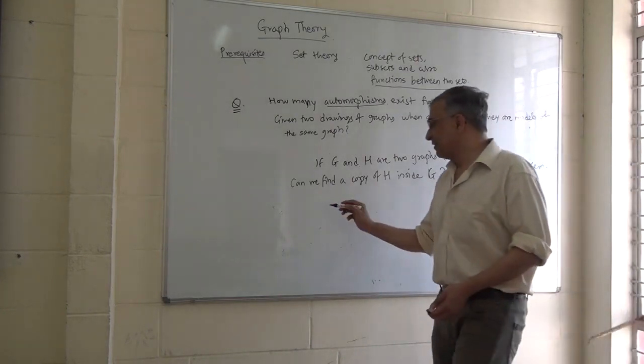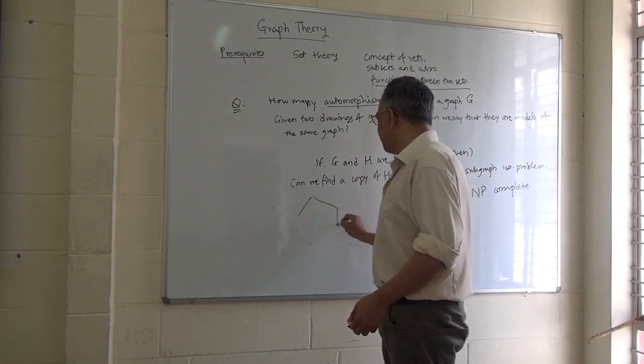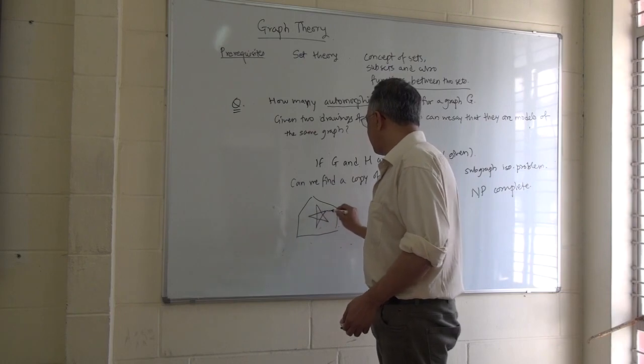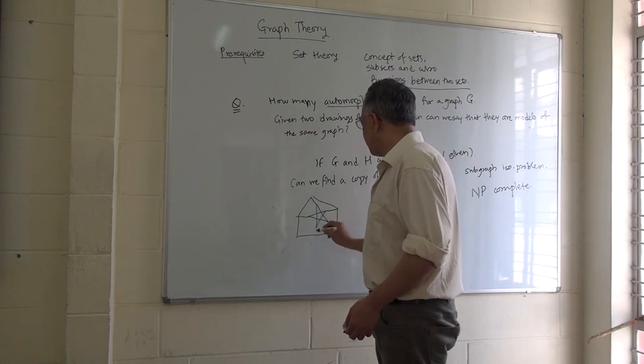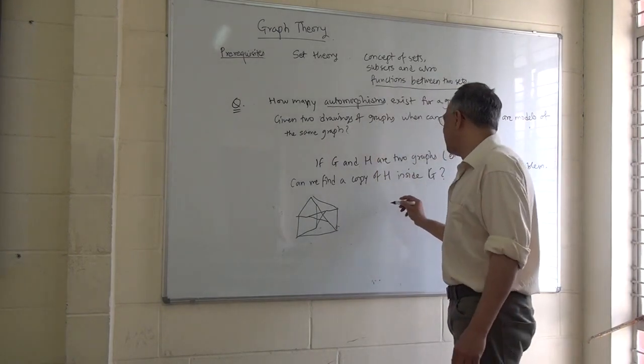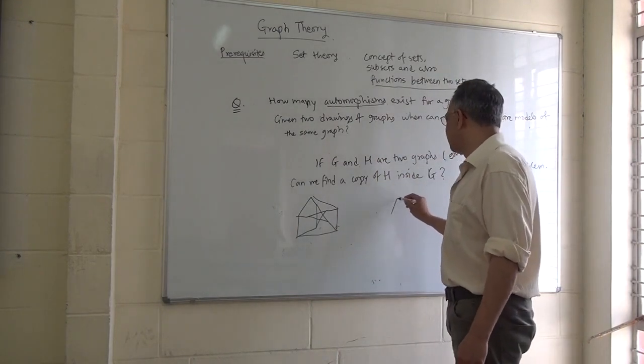So for example, if you have this Petersen graph, and suppose you are given a triangle.